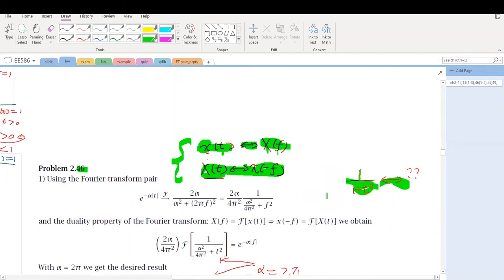Now to find the Fourier transform of this, we know from the Fourier transform pair from the early part of this video that e to the power minus alpha absolute value of t, if I do the Fourier transform of that, that's 2 alpha divided by, and then I take 4 pi squared out here, and then alpha squared divided by 4 pi squared becomes that, and 2 alpha is still here.